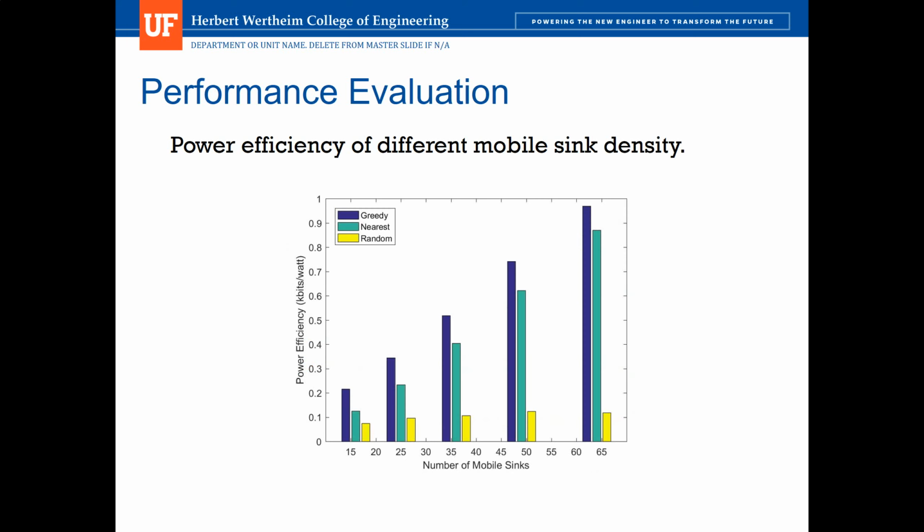And the second, we compare the power efficiency as the density of the mobile things increases. We can see that along with the increase in the density of the mobile things, the performance of the gradient algorithm and the nearest algorithm both improved.